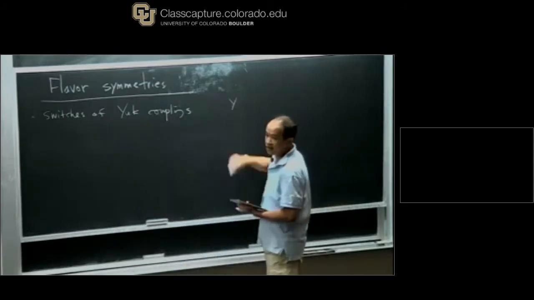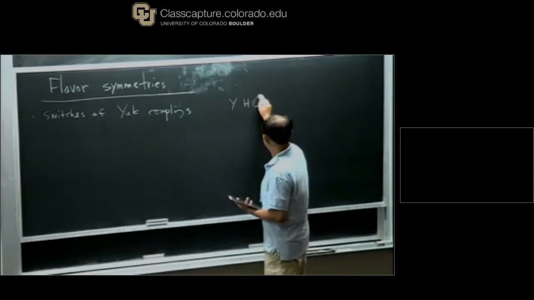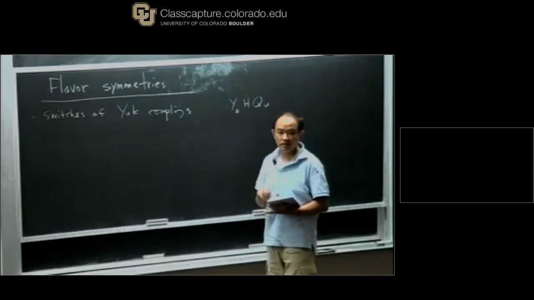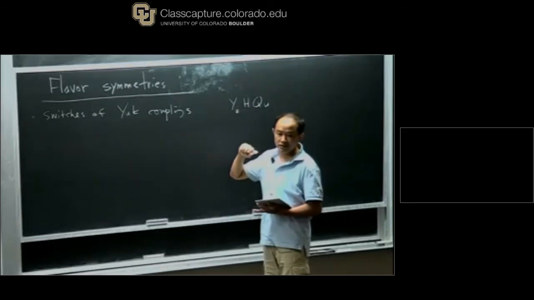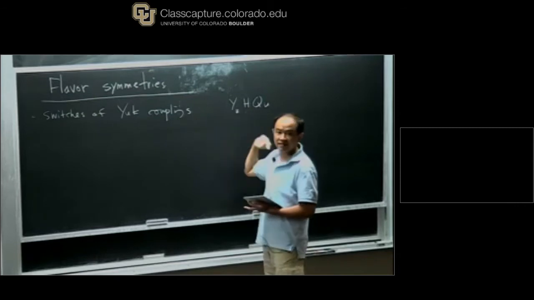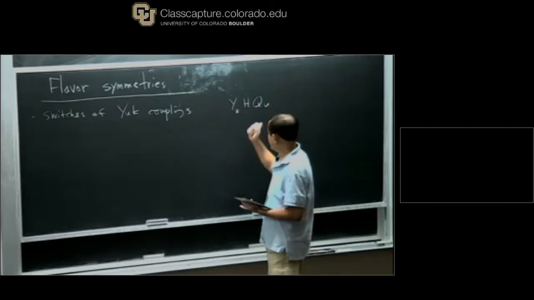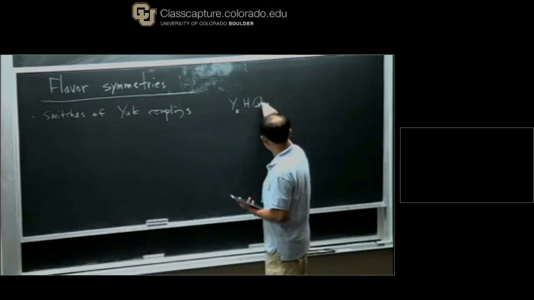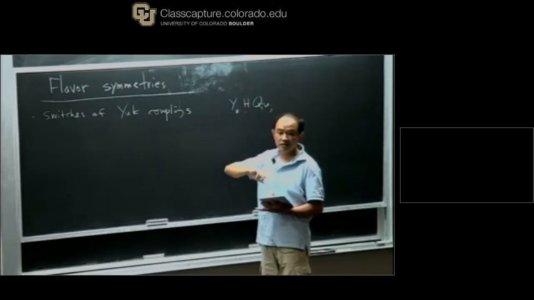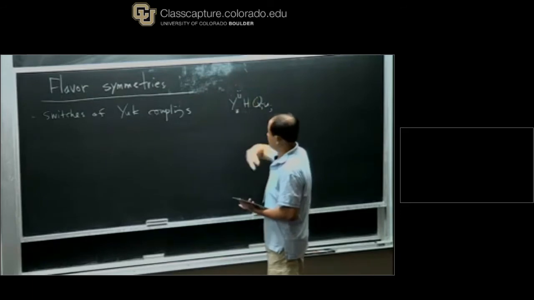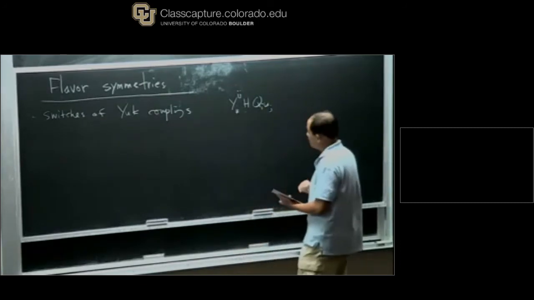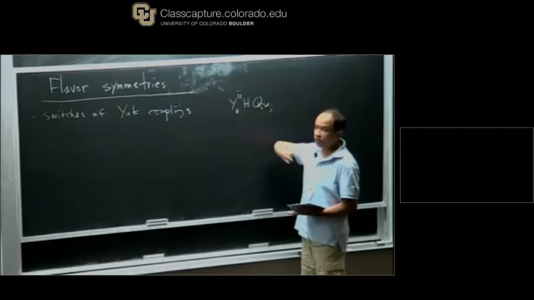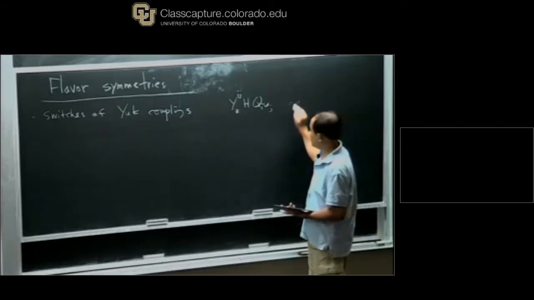A Yukawa coupling looks like this, for example. This is how the up-type quark gets its mass when Higgs gets a VEV. So this looks like a quark mass, and in principle there are flavor indices I and J here, and this is actually a matrix, not a single number. But for the moment, let's switch all these off. Let's set all these to be 0.